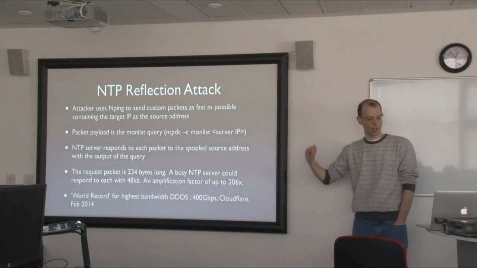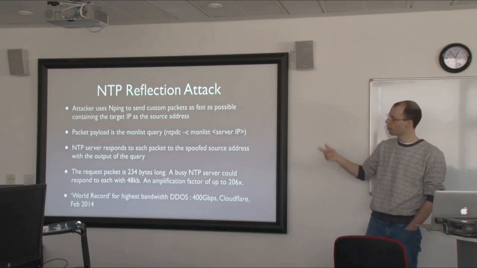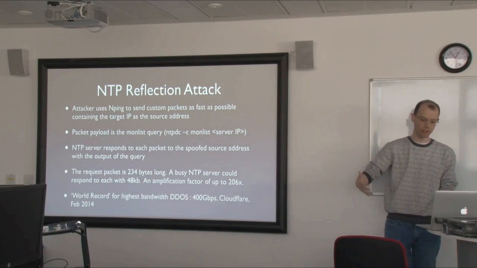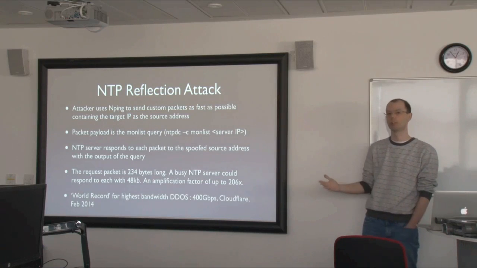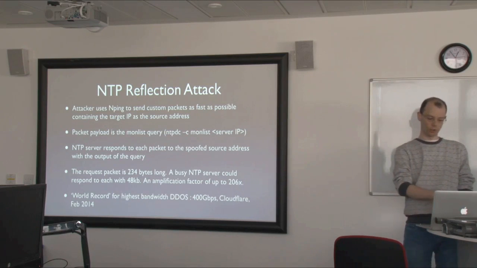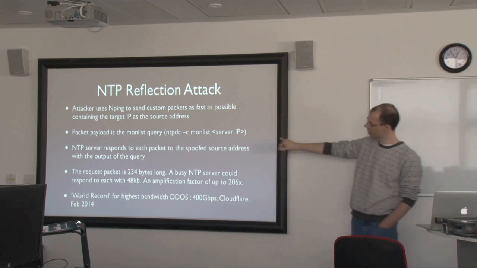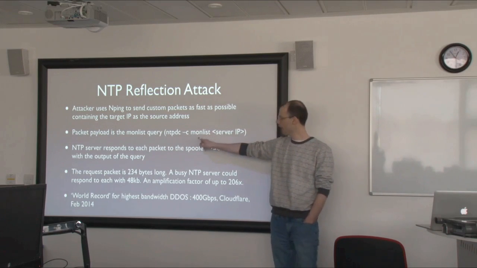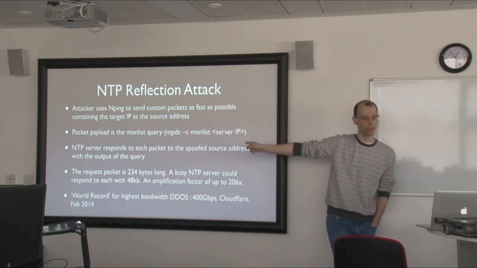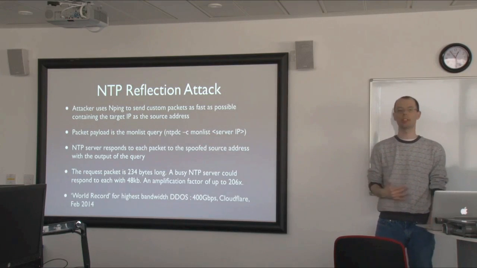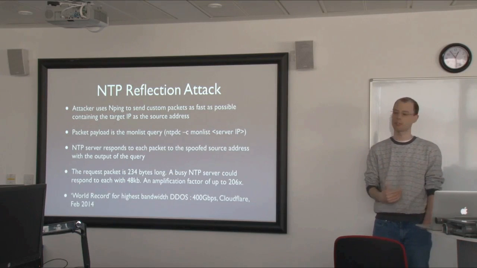So just to summarize that, the attacker will use NPing to send custom packets at as fast a rate as he can. I've said as fast as possible, but that's probably your uplink from your home, which is your slowest link. Your packet payload that you've customized is in hex, this string, and that string will ask a time server to respond with the list of all the other PCs, other servers that have synchronized the time.